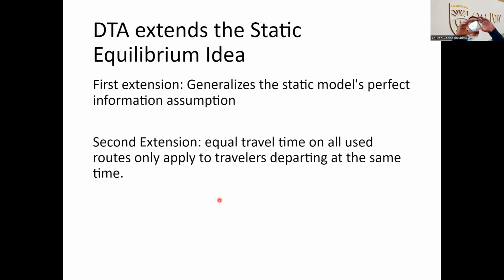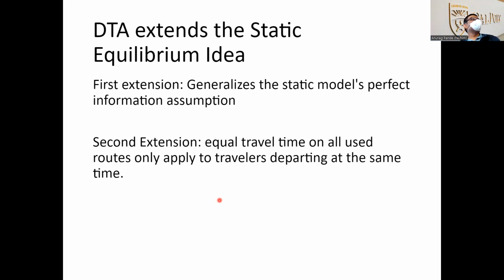Okay, so here is the big picture. The two key ideas here are, how does the DTA extend the static equilibrium idea? It does it in two ways. The first extension is that it generalizes the static model's perfect information assumption. We always assumed that the drivers knew what was going on in each route, how much travel time they would take.